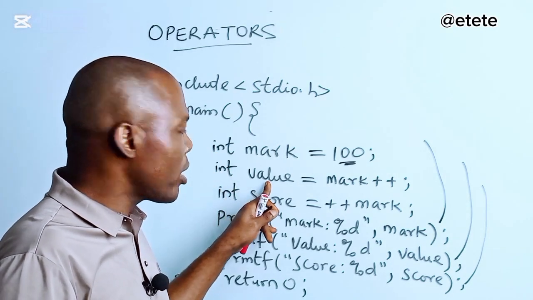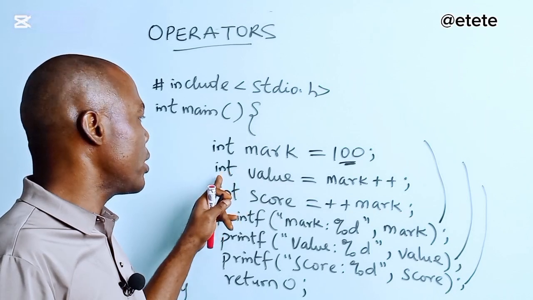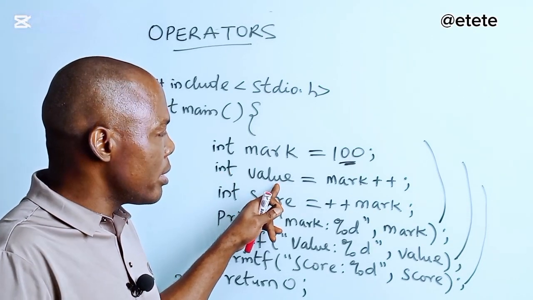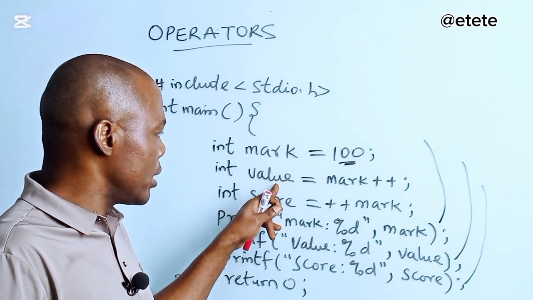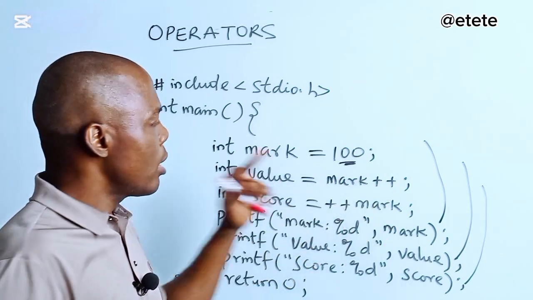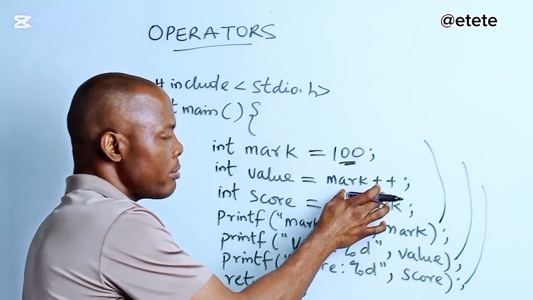So now we create another variable called value, also in this integer RAM. And we are saying that the value for this is what? Mark increment. Now, what does this mean?